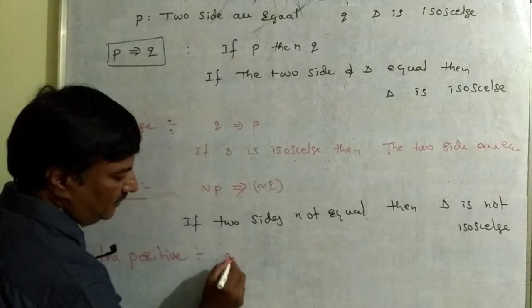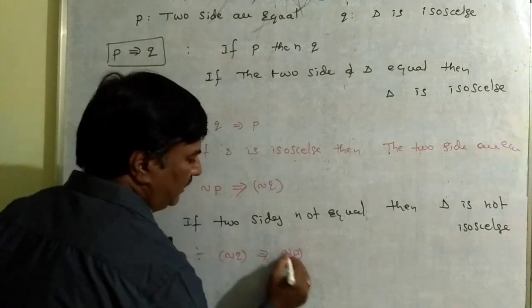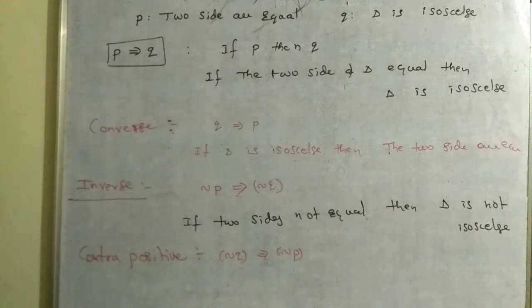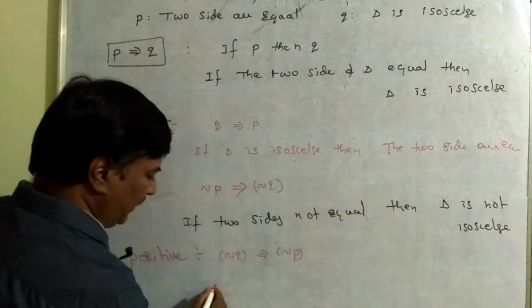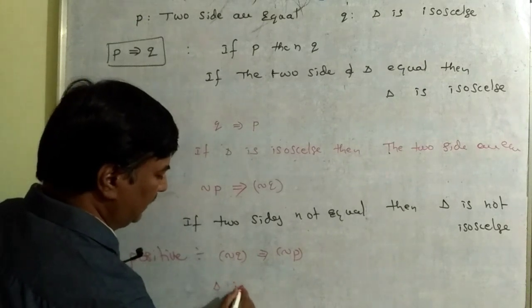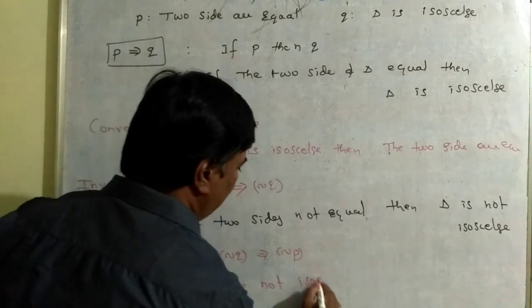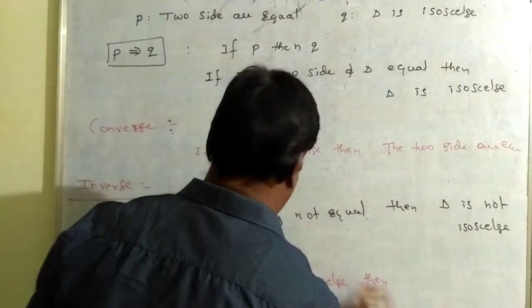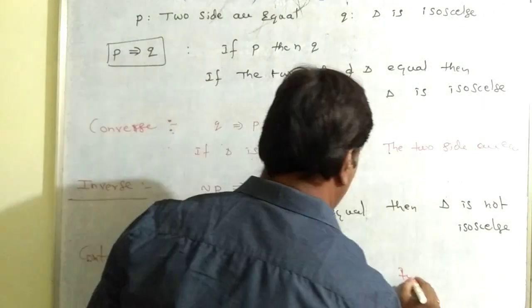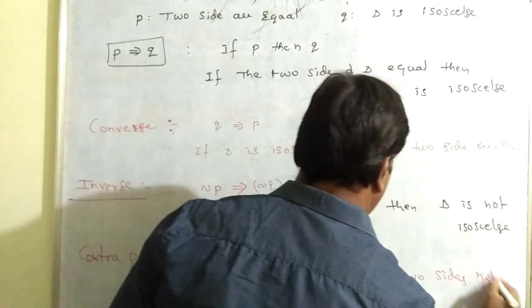That is, we'll get negation of Q implies negation of P, which is nothing but the contrapositive of P implies Q. That means in the inverse's second statement, that is, the triangle is not isosceles, then the two sides are not equal.